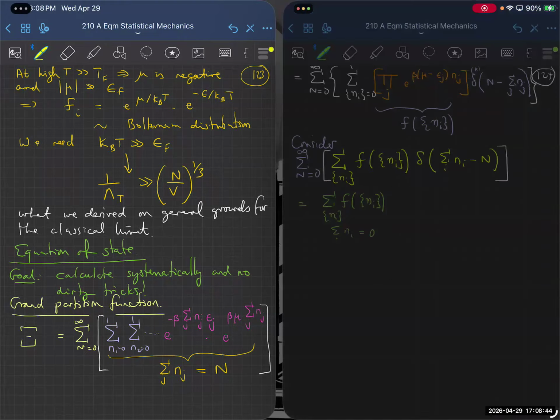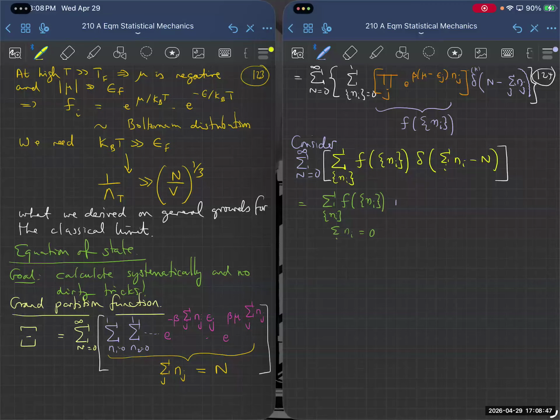That's the first term. Then the next term is the same thing, the sum over the occupation numbers of the thing I'm trying to sum over, but in this case the sum over the occupation numbers has to always add up to 1.